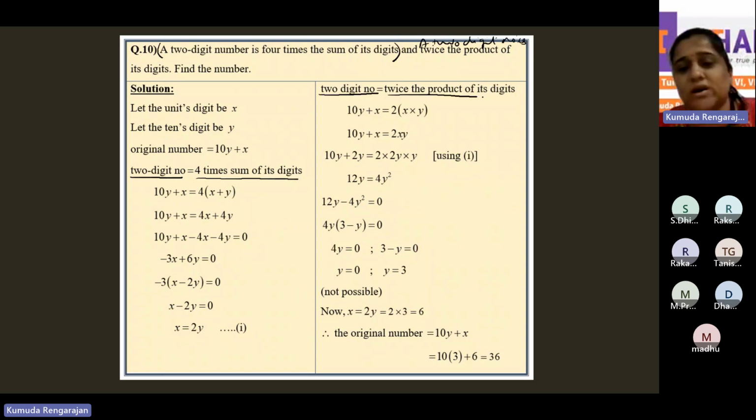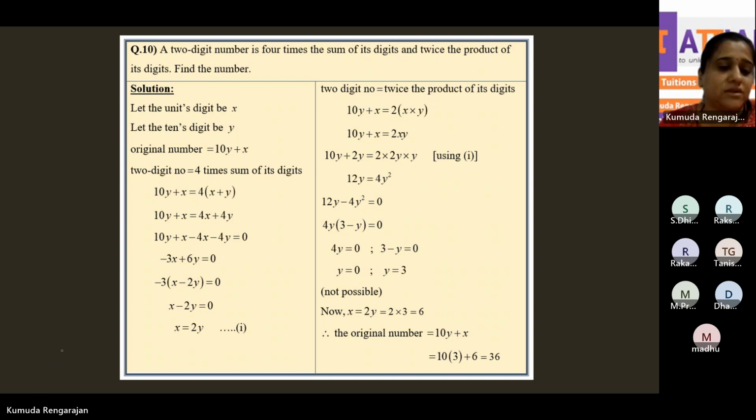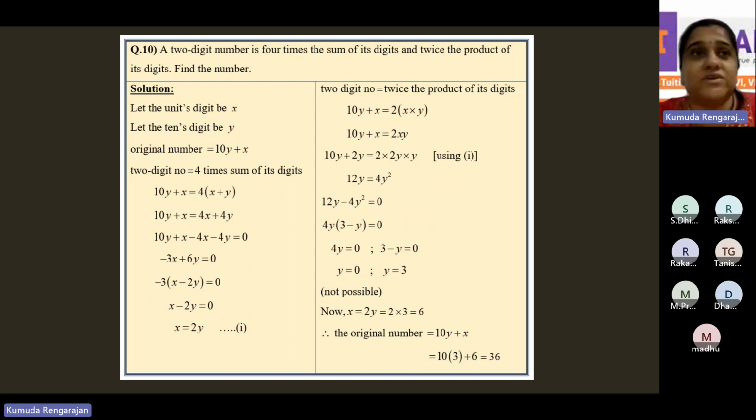Again, the same two-digit number is twice the product of its digits. Online students, if you have any questions, please ask me. Offline students, what are you getting when you simplify the first one? x minus 2y is equal to 0. Now take up the second one and simplify that.